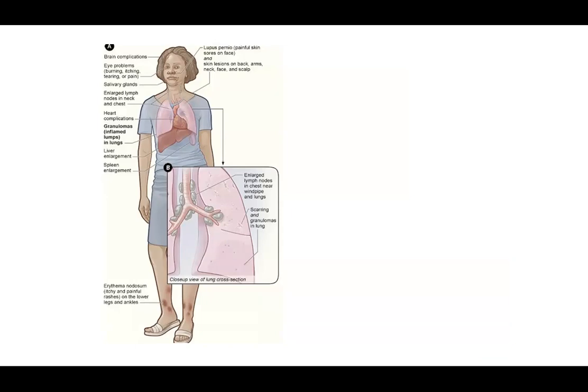Unfortunately, you can have complications involving any organ from head to toe. So brain, ocular, salivary glands, lymph nodes, heart complications, granulomas within all tissues, obviously liver enlargement, spleen enlargement.